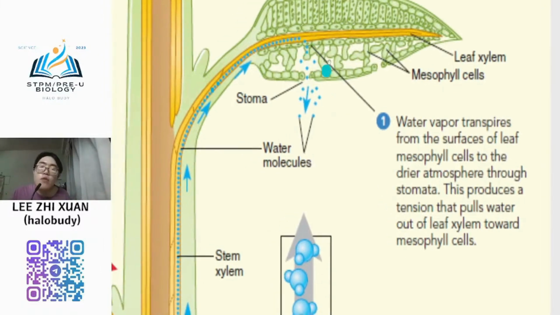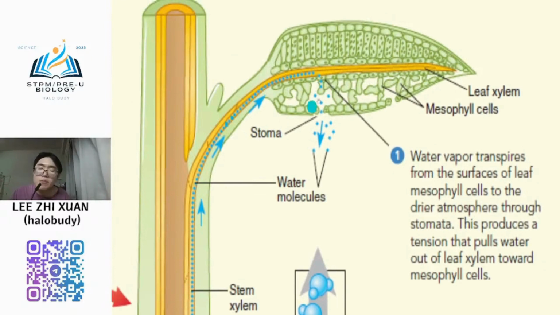Okay, so when your water is evaporated out, this space should contain a lot of water, because you need to know that our leaf contains many mesophyll cells, like palisade mesophyll cells that you already learned about in leaf structure in SPM.